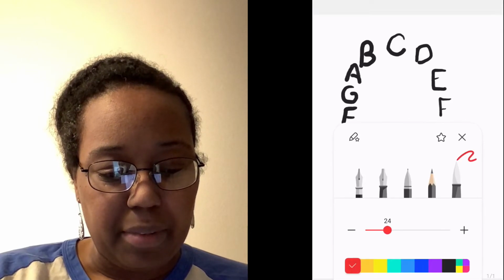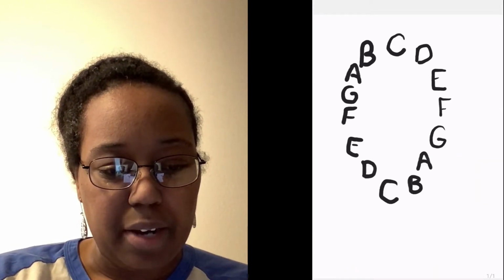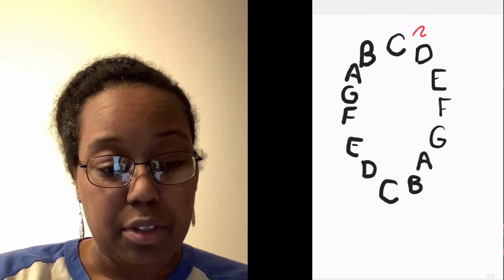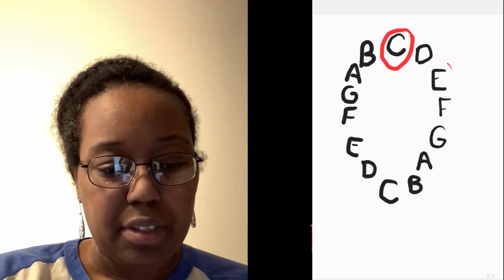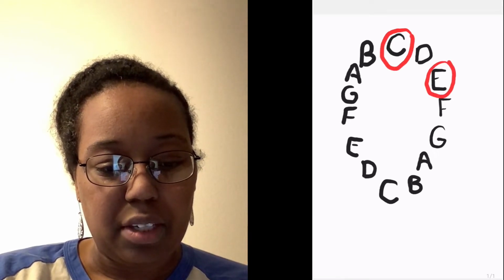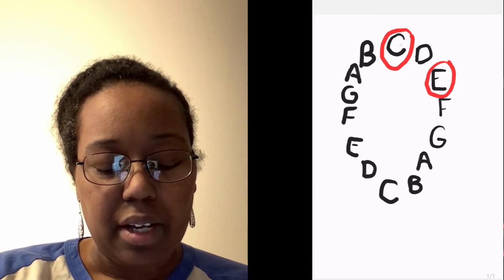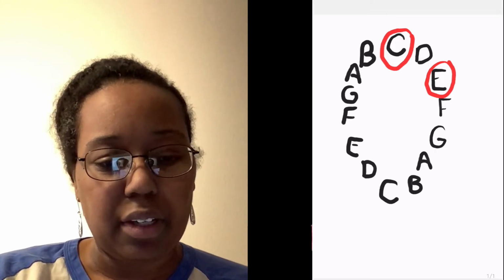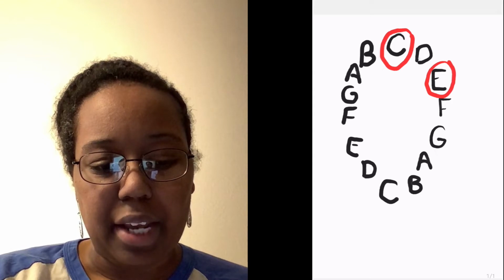Now check this out. I'm going to change the color, and then watch what I'm going to do. This is how we get all our chords. I'm going to start with a C. I want you to see this. C, E. Now look what I'm doing, I'm circling. I wrote all the notes so you could see this specifically. We've got the C, and then I skipped the next letter.